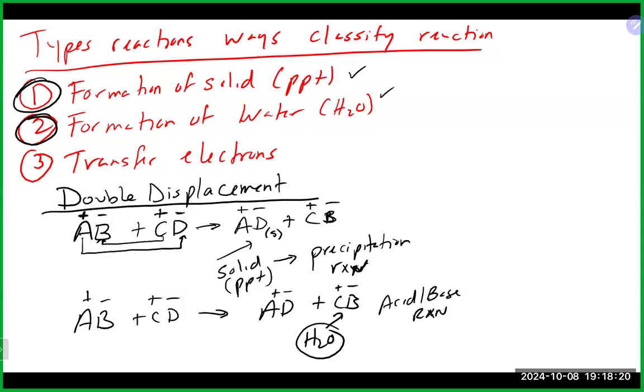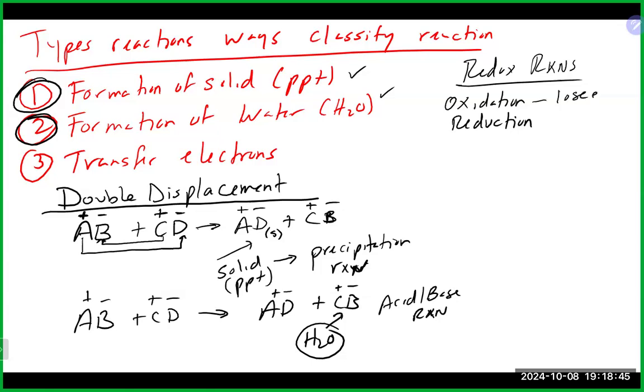Now, the other category of reactions, the big umbrella that other reactions fall under, are what are known as redox reactions. Redox stands for oxidation and reduction reactions. Oxidation, as we'll get into, means that somebody loses an electron, and reduction means that somebody gains an electron. What's happening in these types of reactions, the redox reactions, is the third reason why a reaction takes place.